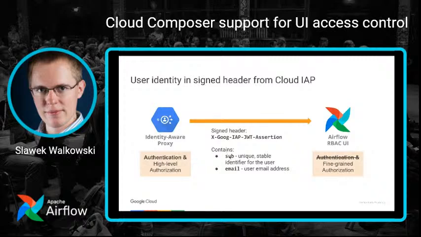In particular, it contains the sub field, I think it's short for subject, which is a unique stable identifier for the user, and email, which is the user email address. So Airflow UI already knows what user is accessing. So this second authentication isn't really needed in this particular setup when the access is strictly controlled by a proxy like Cloud Identity Aware Proxy.